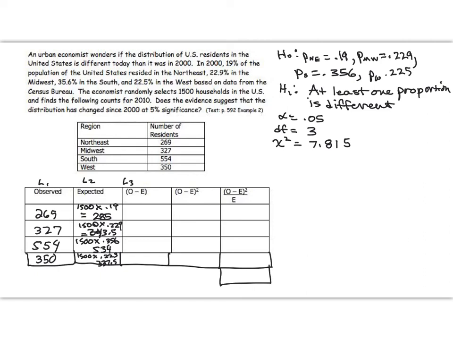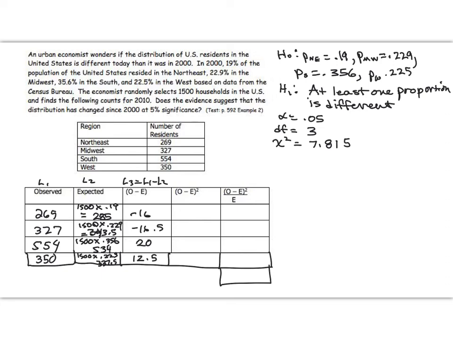So list 3, I'm going to go up and highlight, and then I'm going to do list 1 minus list 2, and that gives me negative 16, negative 16.5, 20, and 12.5. And what that represents is that I've observed 16 less than I expect in the Northeast, 16 and a half less than I expect in the Midwest, 20 more in the South, and 12 and a half more in the West.